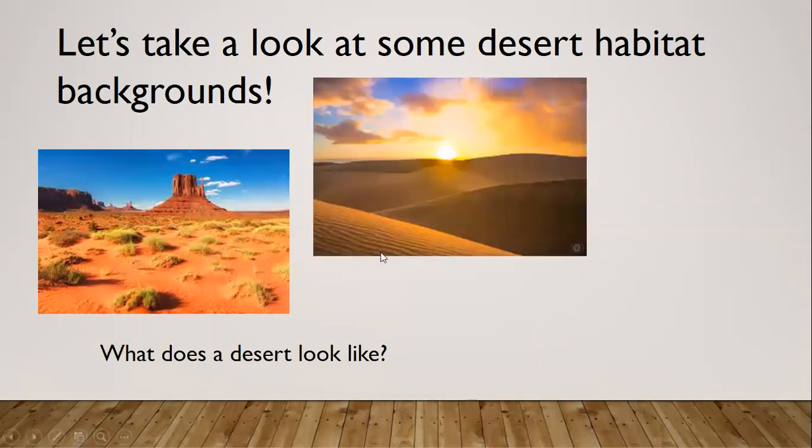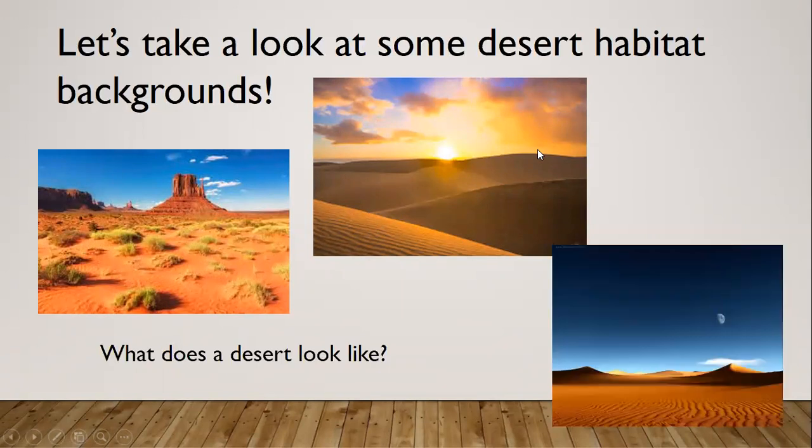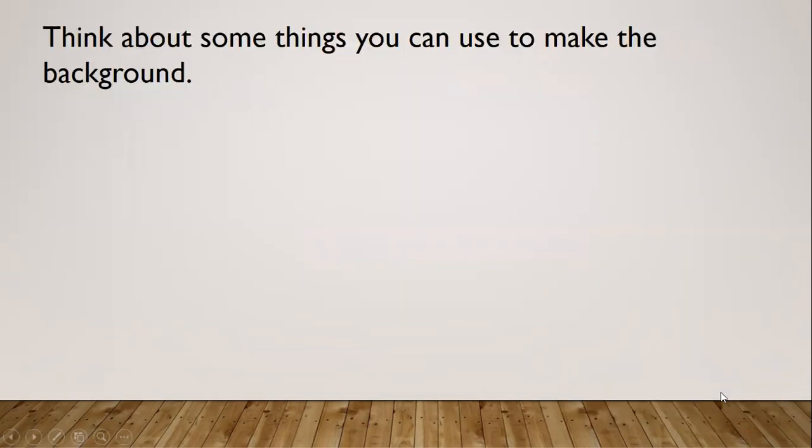Oh, this is hills of sands with a nice blue sky, sun, clouds. These are all different things we'll find in the desert. Sandy bottoms and blue skies mostly. And of course, the sun is always in the desert. Maybe some clouds in the sky here and there. But definitely looks like we have a lot of sand in the desert.